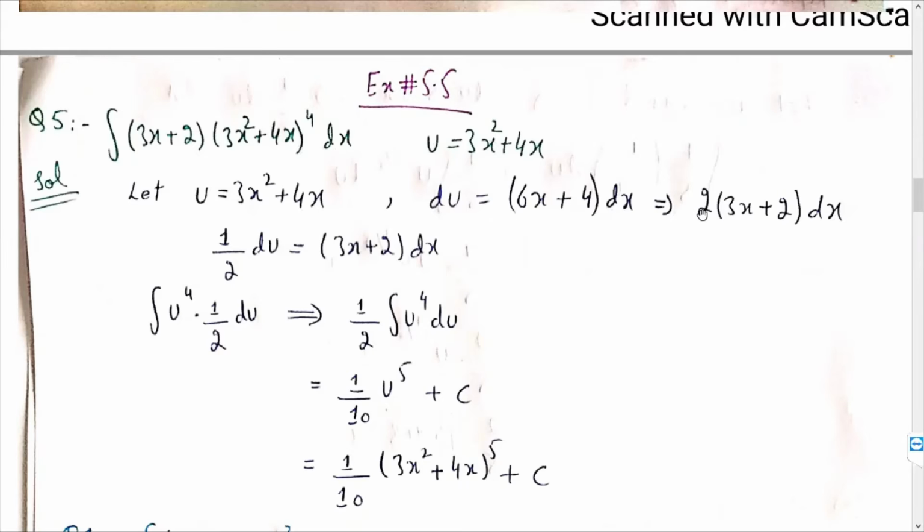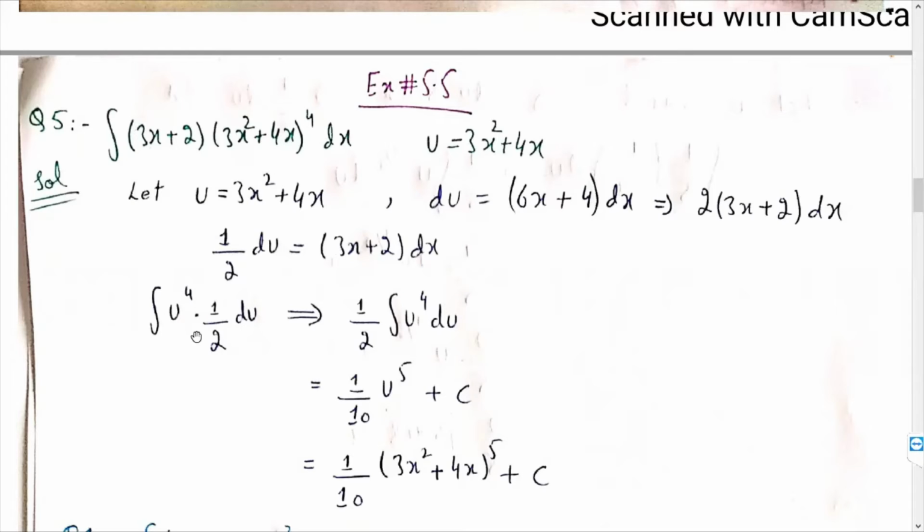Now taking 2 to the left side, I am getting 1 by 2 du equals 3x plus 2 dx. Doing substitution here, instead of 3x plus 2 into dx, I'll write 1 by 2 du, and instead of 3x square plus 4x, I'll write u raised to the power 4.